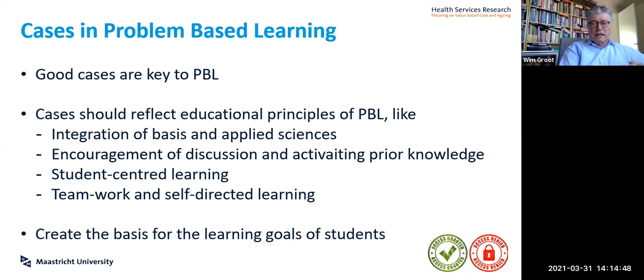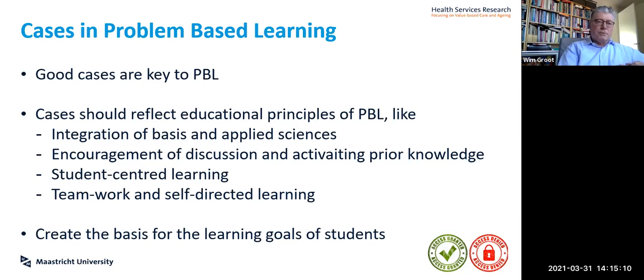It should be a case that appeals to students, that they can reflect upon, and which has a basis in the experiences and perspectives of students.